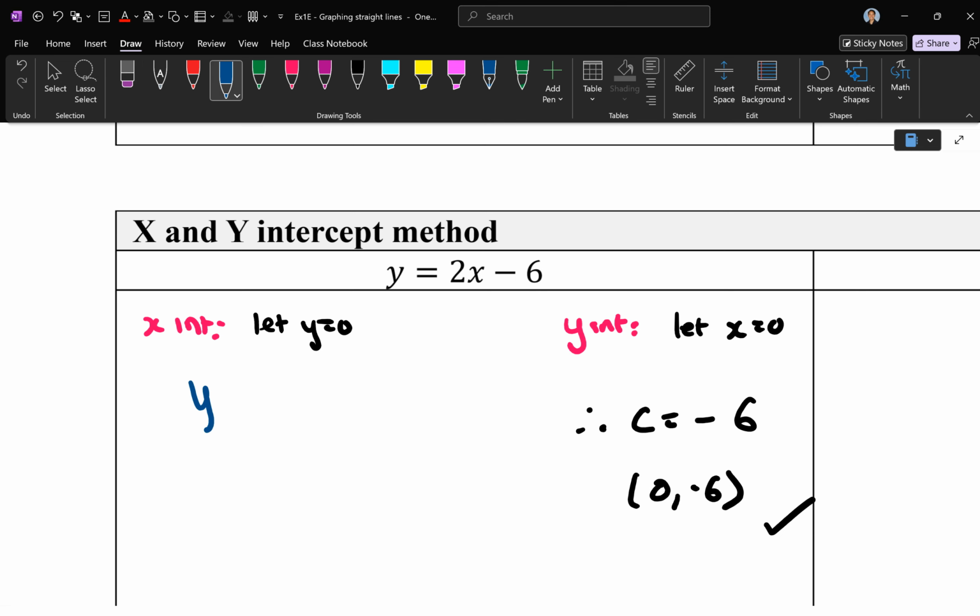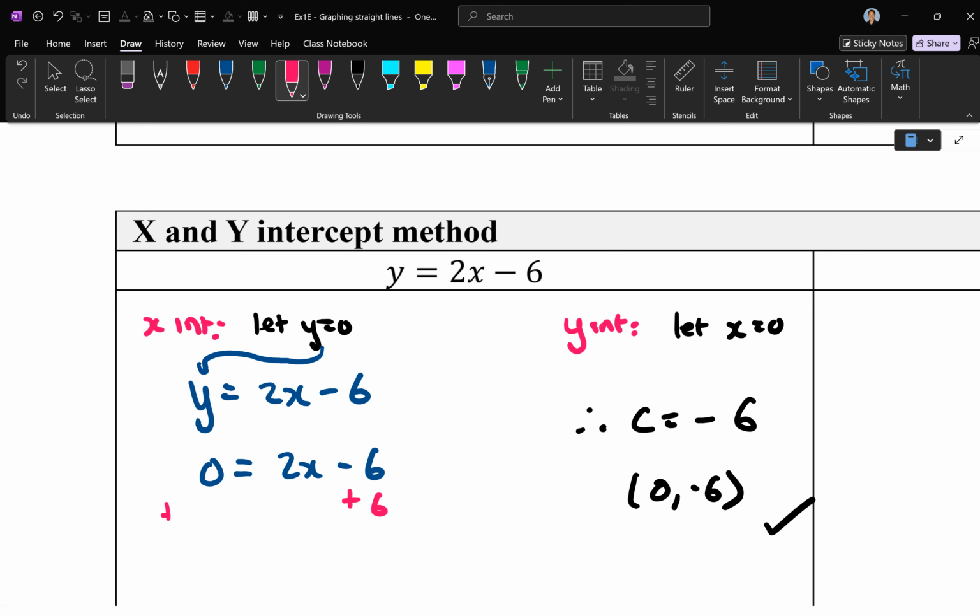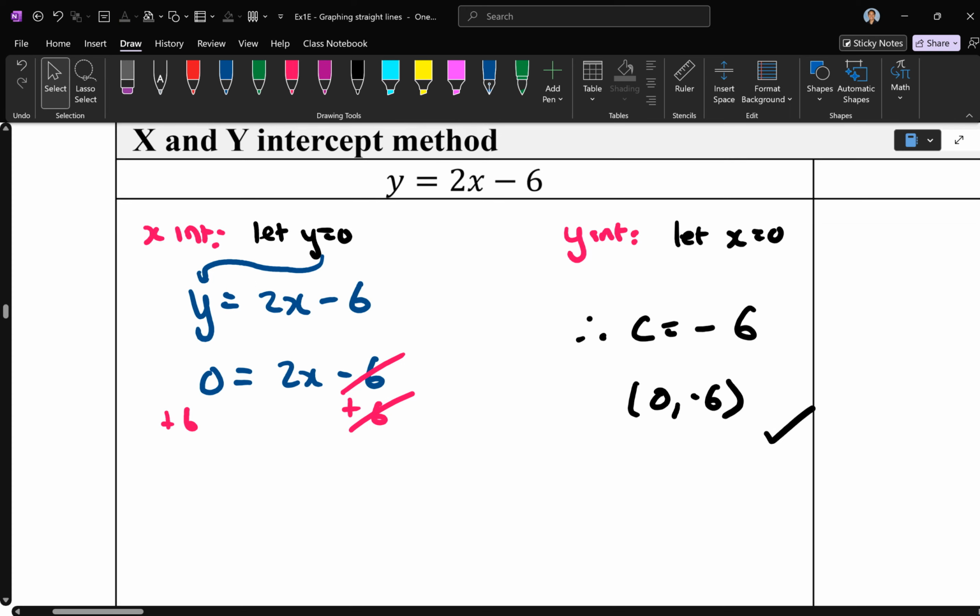So in the equation, y equals 2x minus 6, you're going to substitute y is equal to 0. 0 equals 2x minus 6. Your job is to solve x. Now you did this back in year 7 when you first learned inverse operations. So from here, add 6 on both sides because that's a minus 6. 6 take away 6 cancels out. You then have 6 is equal to 2x.